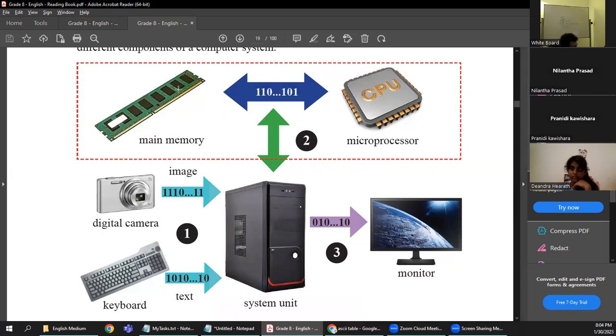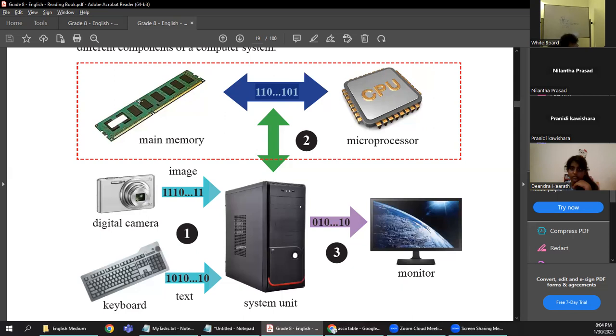One is the main memory, the other is the microprocessor. The main memory stores the data of the computer in the form of these bits. We call this random access memory, which in Sinhala is සසම්භාවී ප්‍රවේශ මතකය.